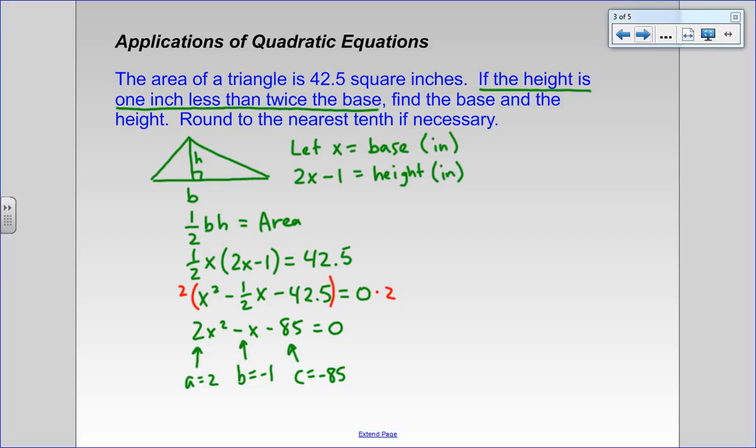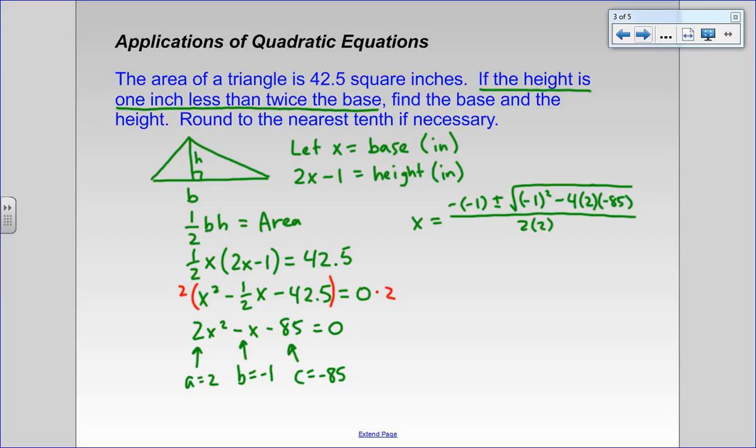Let's substitute those into the quadratic formula. We have x equals -(-1) plus or minus the square root of (-1) squared minus 4 times 2 times -85, all over 2 times 2.